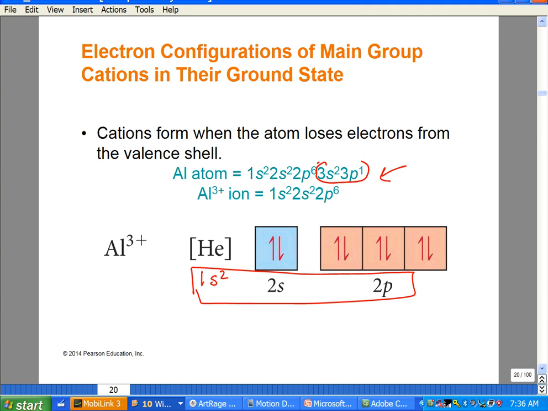So this actually is the configuration for neon. When something has the same number of electrons, we call it isoelectronic. So when something is a cation or an anion and it has a different number of protons, but it has the same number of electrons, we call it isoelectronic.